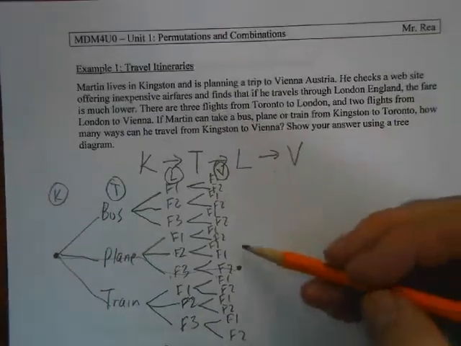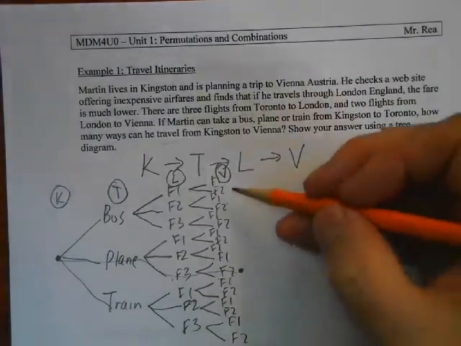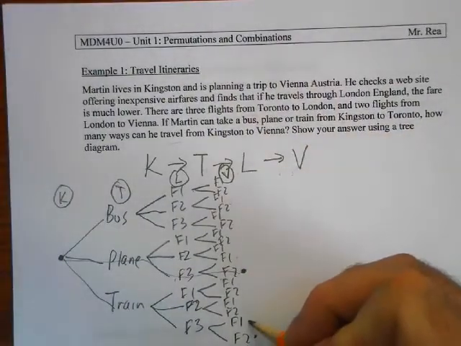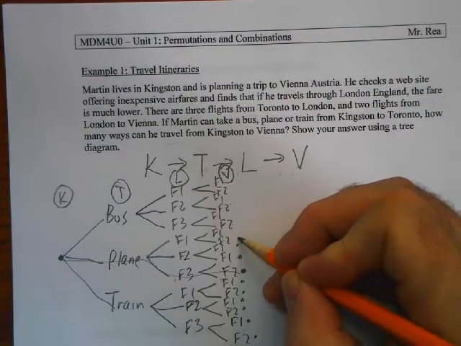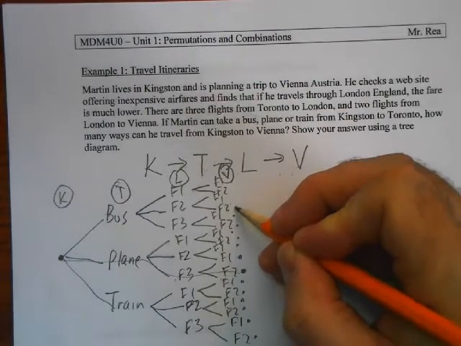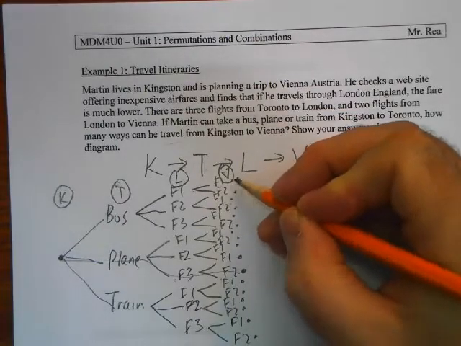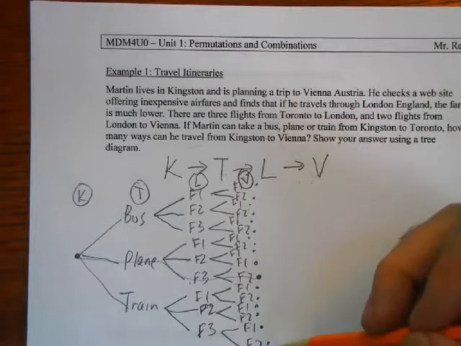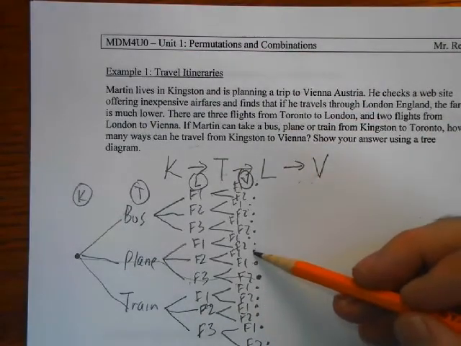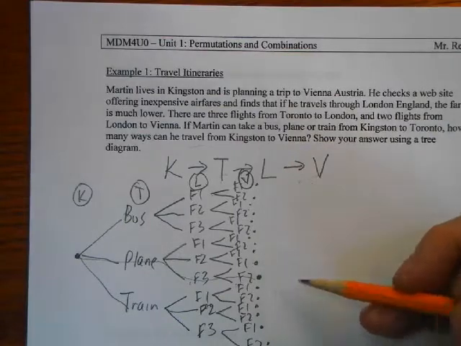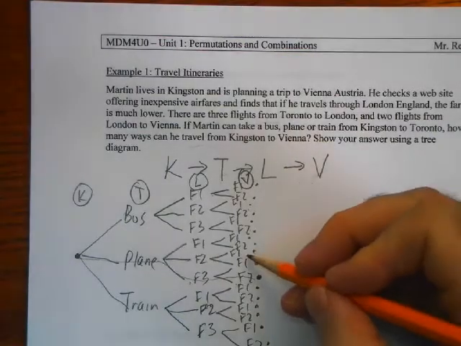That's one of the many choices. So if you count up how many end branches we have: 1, 2, 3, 4, 5, 6, 7, 8, 9. I think I forgot one here.